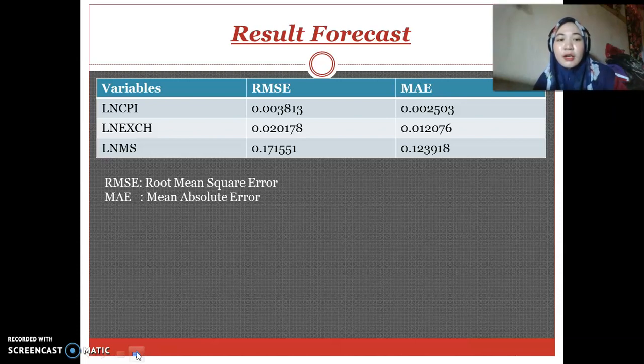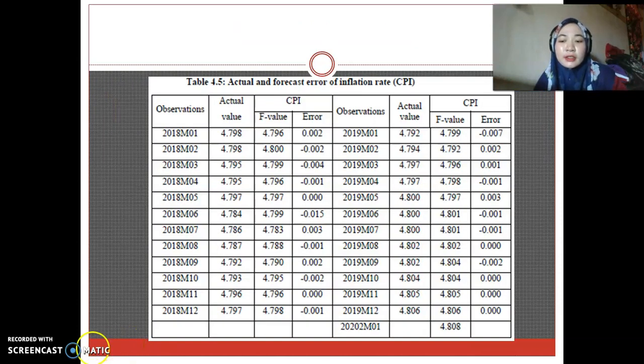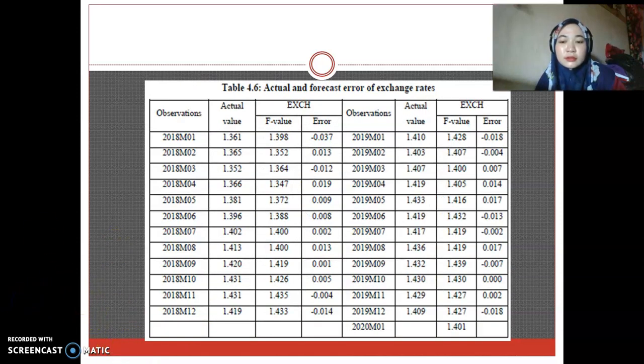For the accuracy, this is the first table, the error for consumer price index.